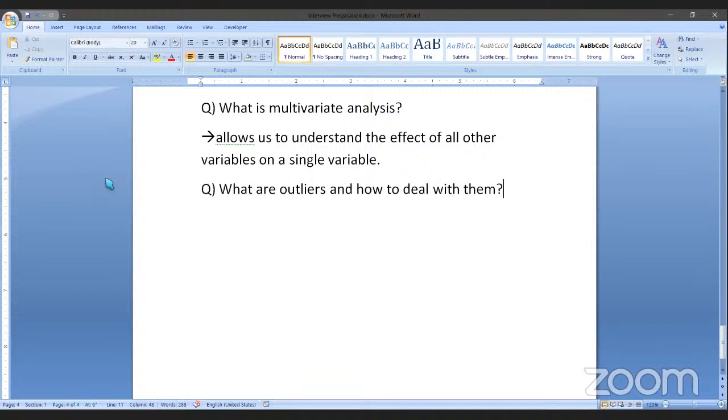Power, correct. It affects the mean. Yeah, Anand. Basically, outliers are the most extreme values which affect the distribution of the data we have. So, how do we treat them? How can we treat them?